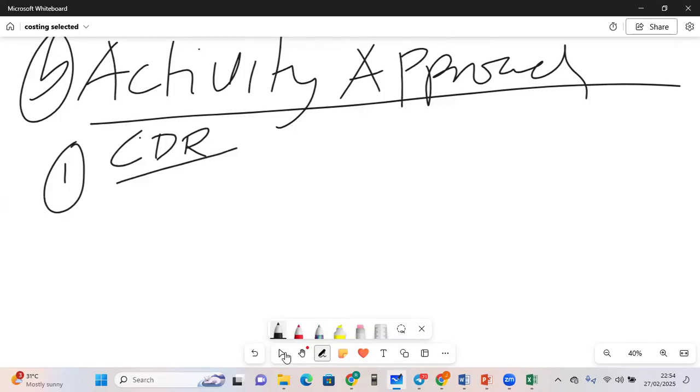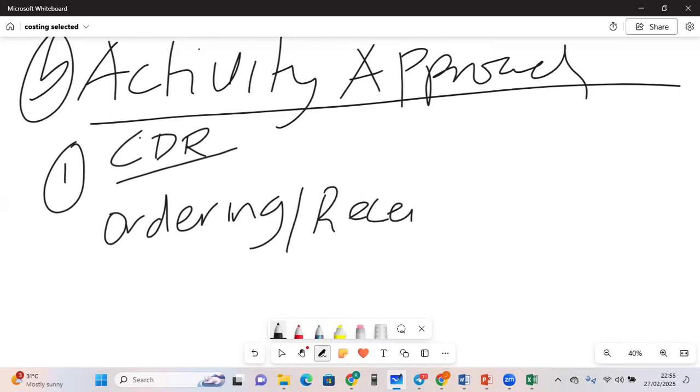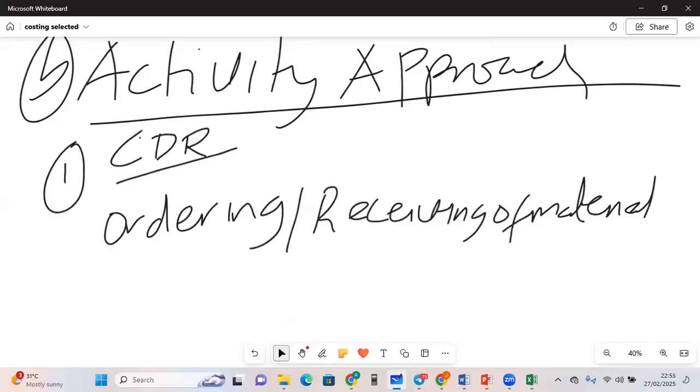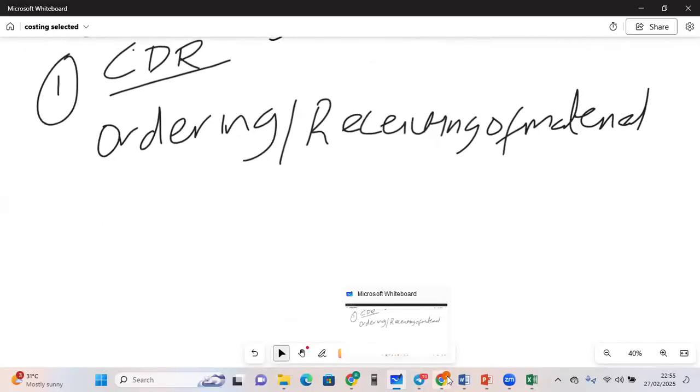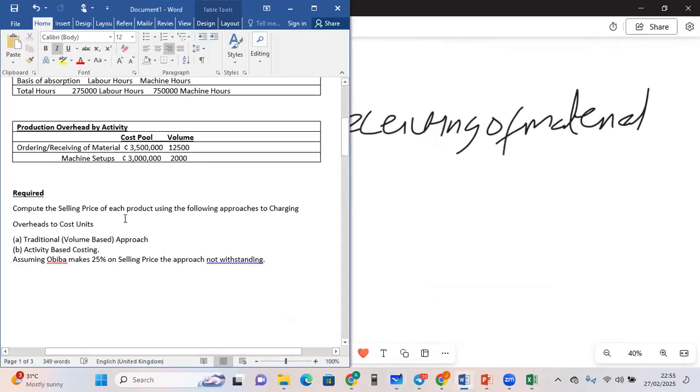If I'm to do the first one for ordering or receiving of material, the cost pool is 3.5 million, and then the total volume is what? 1,500.